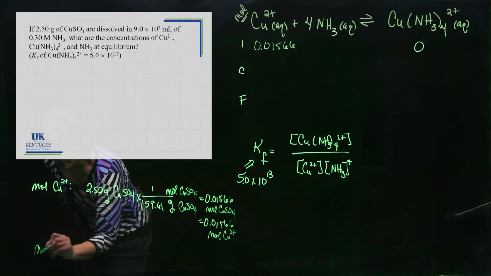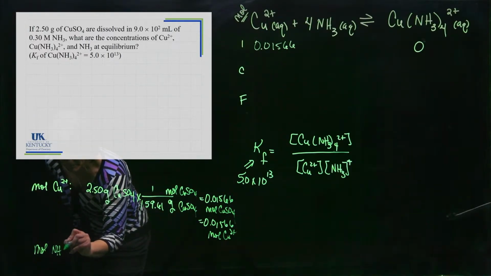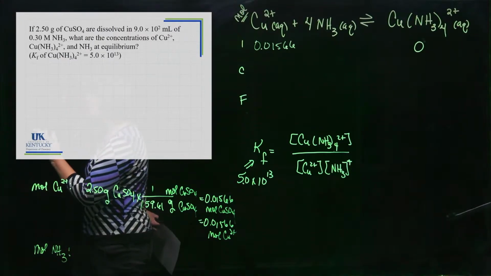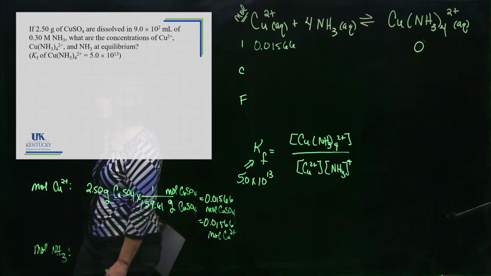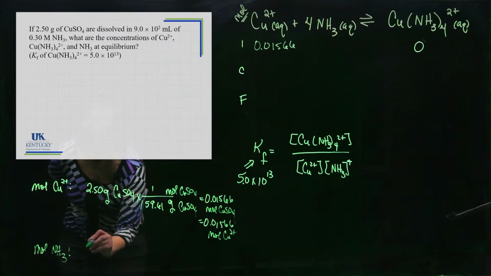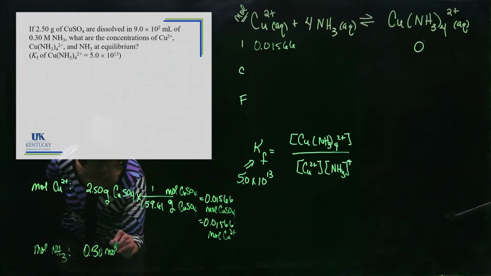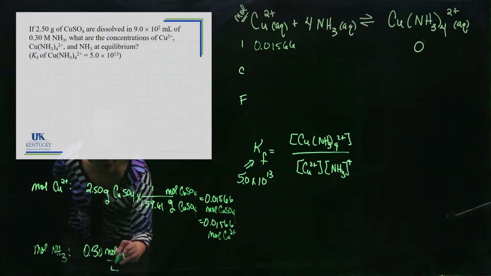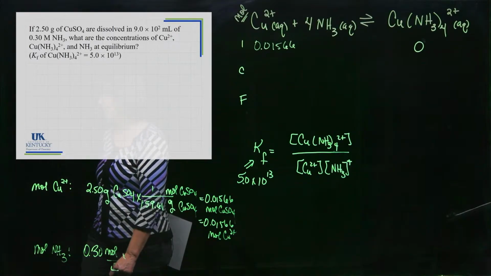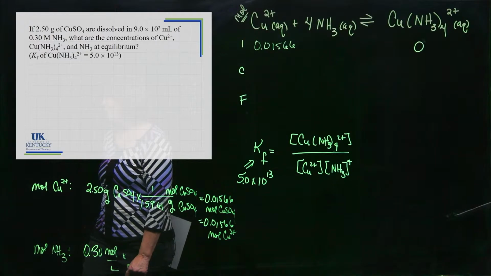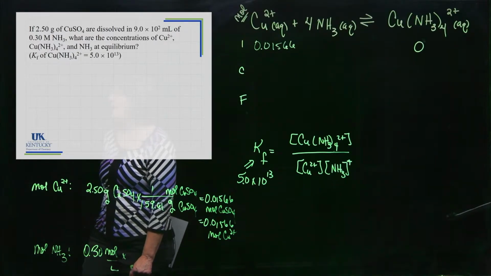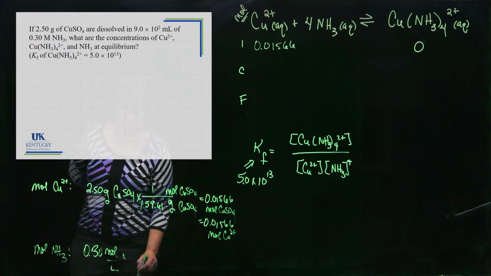All right, now we're ready for ammonia. To get moles of ammonia, what's my source of ammonia? Well, it's a solution. It tells me the molarity and the volume of that solution. The molarity was 0.3. I know molarity is moles per liter. So if I multiply by how many liters I have, it says that I've got 900 milliliters.